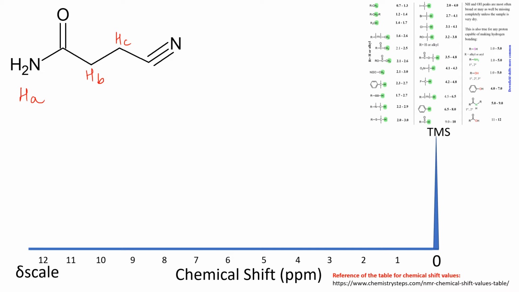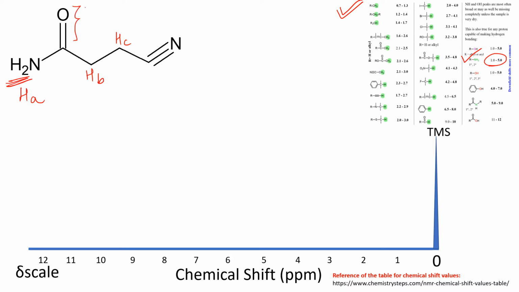Let us see the chart of chemical shift values, where these three peaks will appear. For NH2, in the chart RNH2, these hydrogens may appear between 1 and 5 ppm. But if we observe our structure, adjacent to this NH2 we also have a carbonyl group.